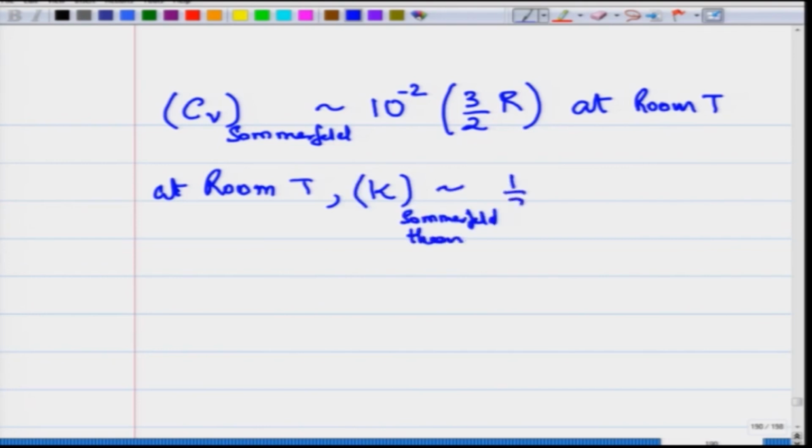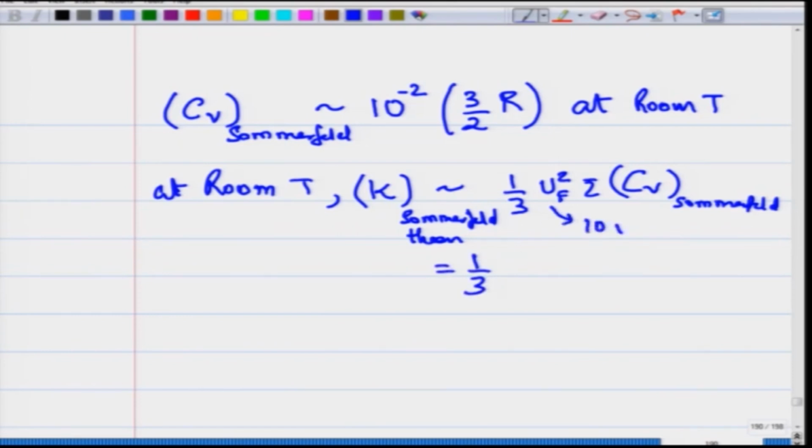So, at room temperature, if you calculate the kappa using Sommerfeld's theory, this is of the order of 1 by 3 Vf square into tau into Cv, which is from the Sommerfeld's model. This velocity is about 10 times V Drude, the velocity that you get from Drude's model.